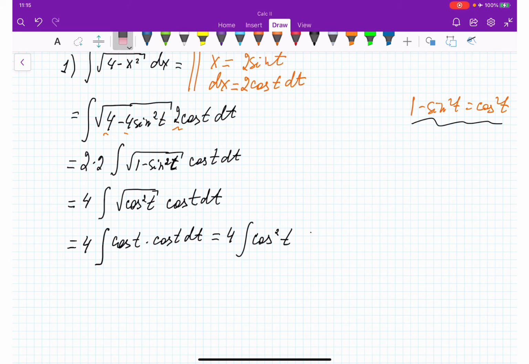All right. So I'm not going to go back and write cosine squared t as 1 minus sine squared t. That would be nonsense. But what I will do to get rid of this square is write down the formula for cosine squared t.